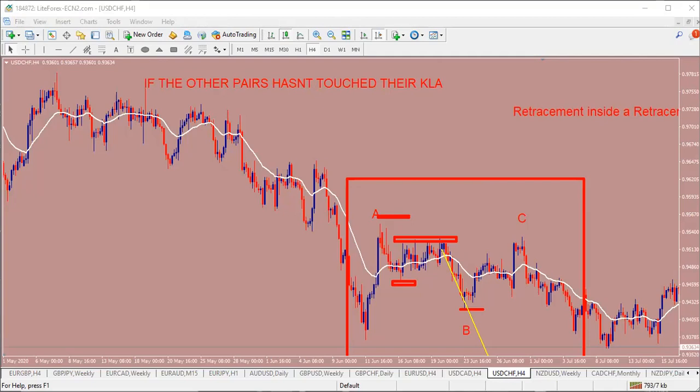Now, what I mean by if the other pairs haven't touched their KLA is this. If Euro USD has touched support and resistance, let's assume Euro USD has touched support, and Euro CHF, Euro CAD, Euro NZD have not touched their own respective supports, then we will have something like this. It is called pair alignment.